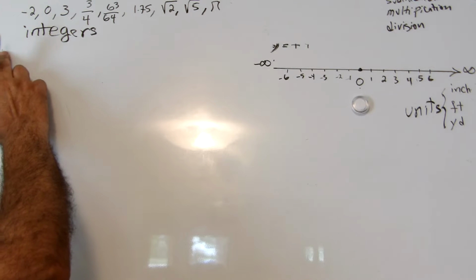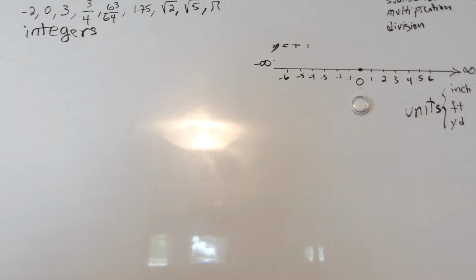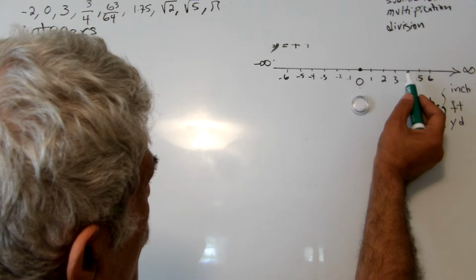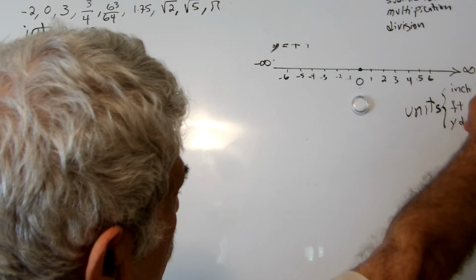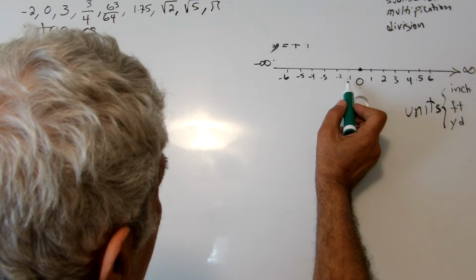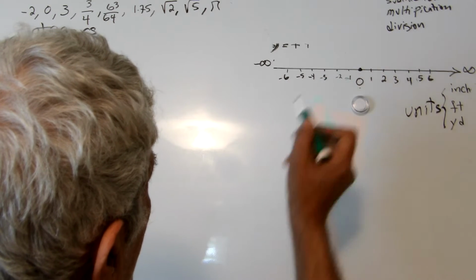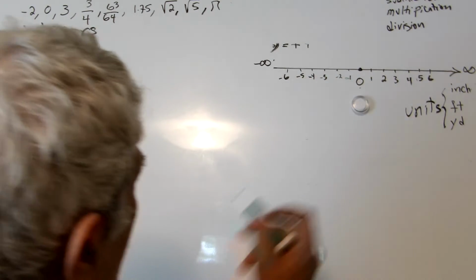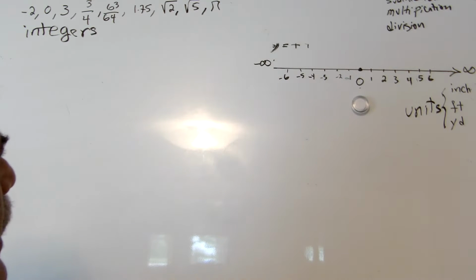What are the integers? The integers are the numbers like 1, 2, 3, 4, 5, 6, up to infinity. And then we have negative integers, -1, -2, -3, -4, up to negative infinity.